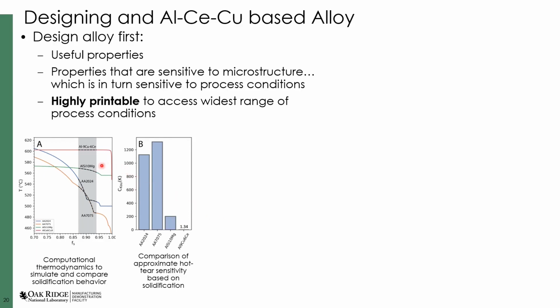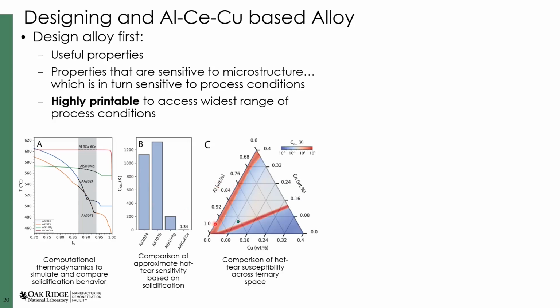In this case, I'm showing a calculation based on some work by Sindo Kou, and that shows that the sensitivity of this particular alloy composition is quite low compared to some of the conventional wrought alloy compositions or even against aluminum silicon. We can also plot out what that hot cracking sensitivity is across the composition range for the ternary system and select a particular alloy chemistry that we think gives us a balance of processability and mechanical properties.